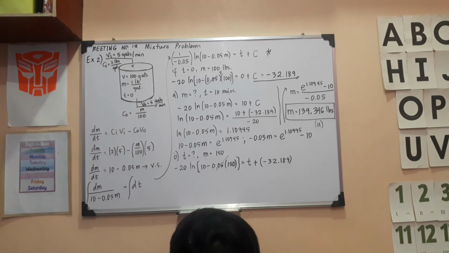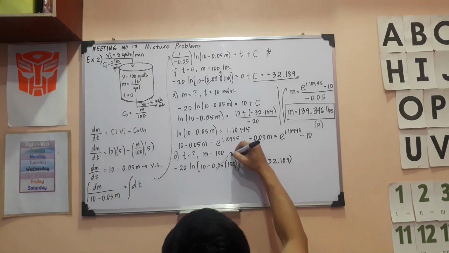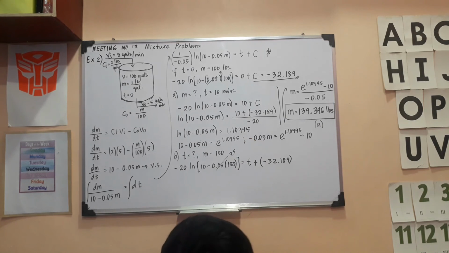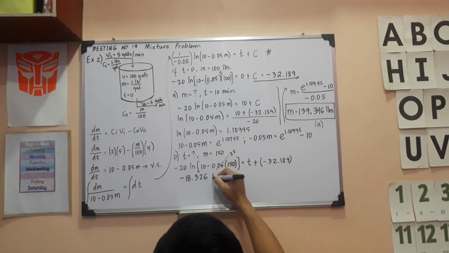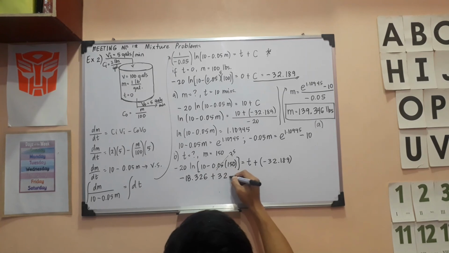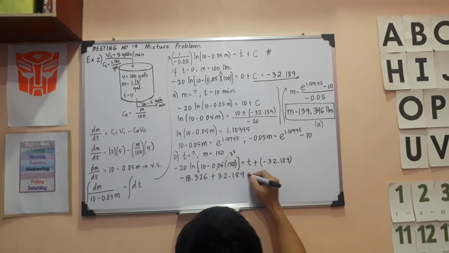0.05 times 150 is 7.5. So, 10 minus 7.5 is 2.5. So, ln of 2.5 times negative 20 equals negative 18.326 and then plus 32.189 is equal to t.